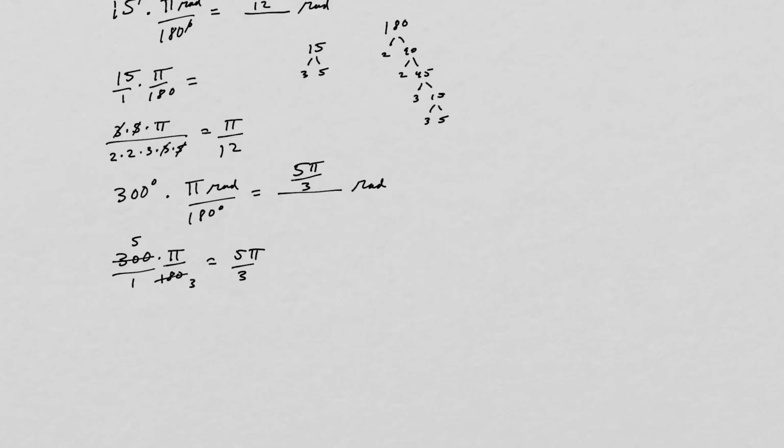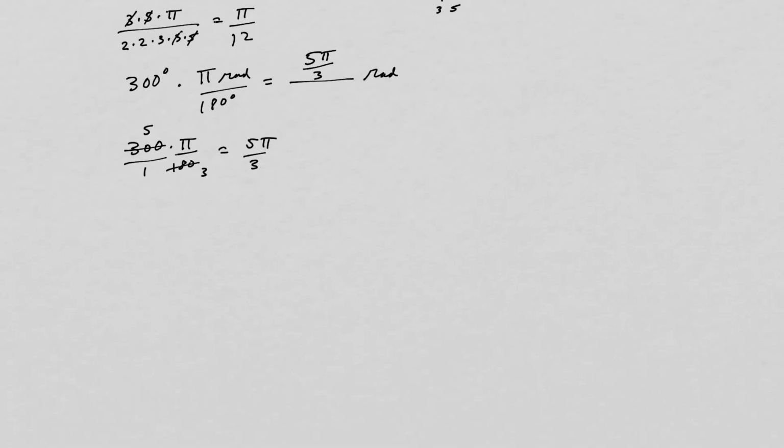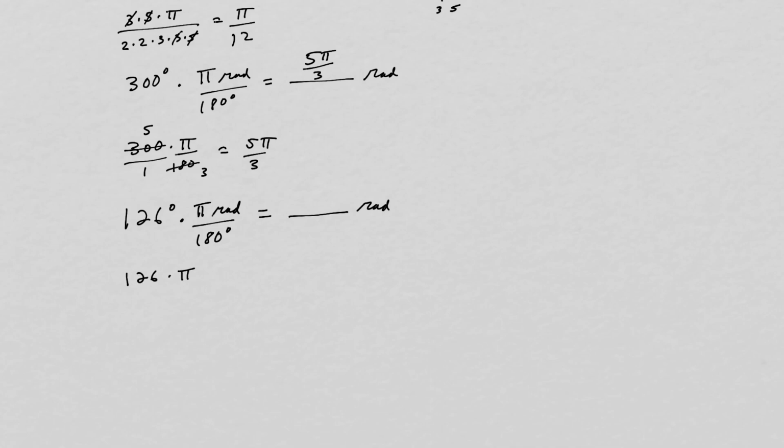was 126. And I want to convert that to radians. So again, I'll multiply by pi radians over 180 degrees. And then if we simplify that, this is 126 times pi over 180.